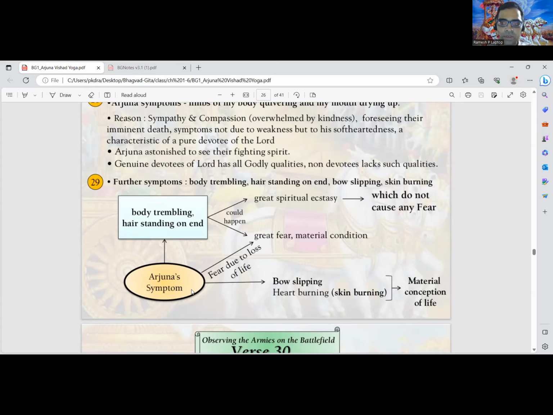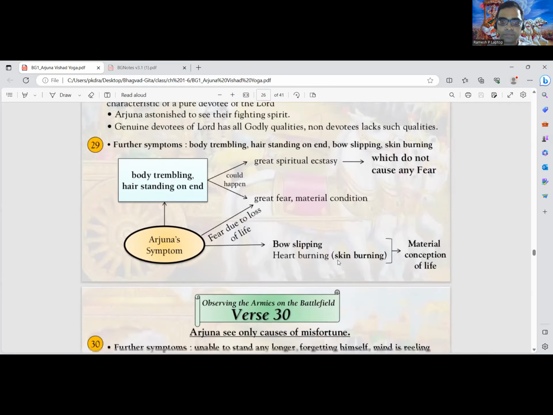So you see, this is the material conception of life, wherein the heart starts burning, and even the Gandiva was slowly slipping from his hand.